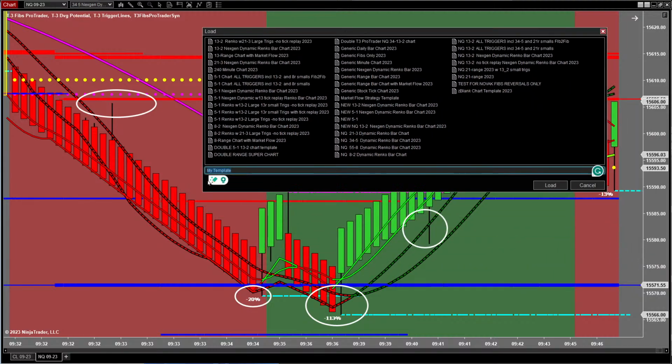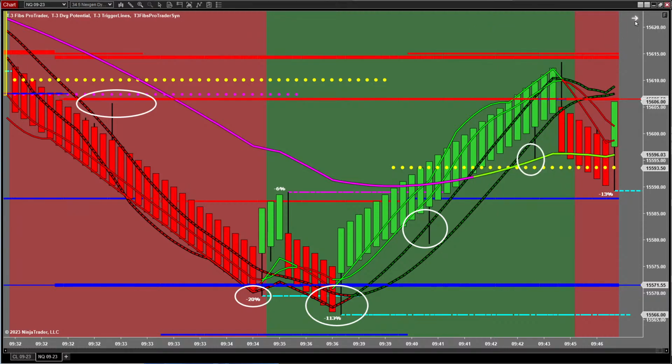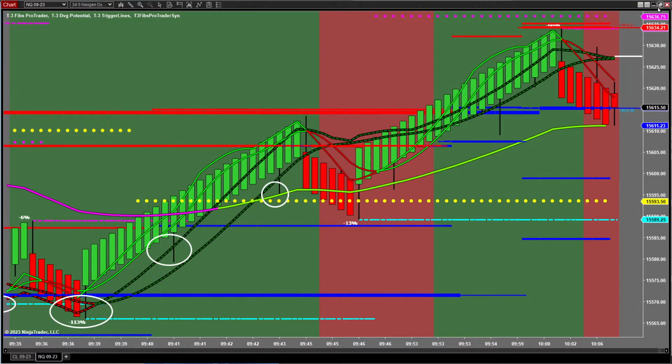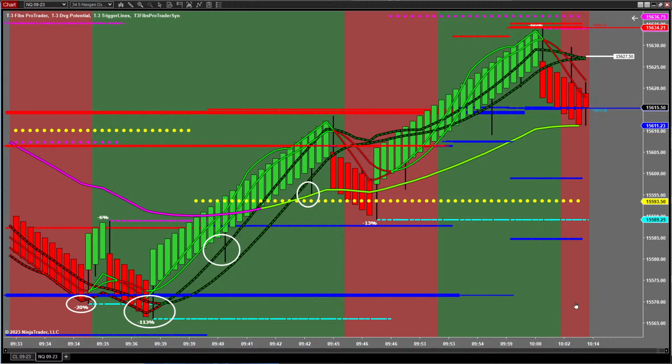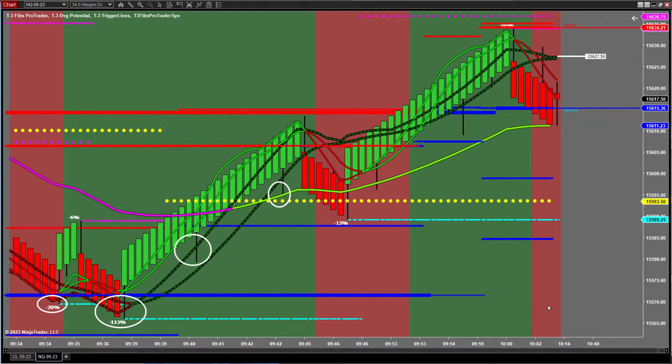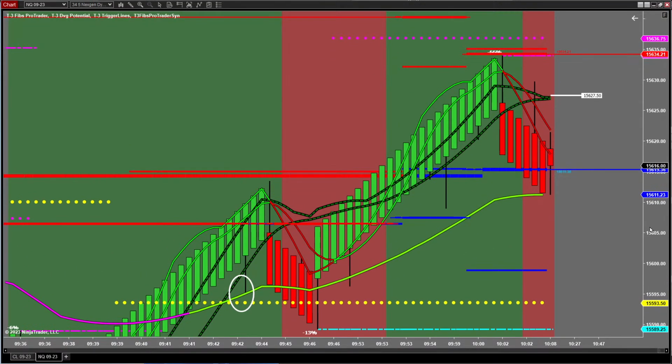You were looking at 5-1, so you need to load your 5-1 Dynamic Renko Bar 2023 template. 10 days on all my charts. You good with that, Paul? Turn on your tick replay, reload the template. Yeah, that's okay. Or tick replay is not enabled either way.